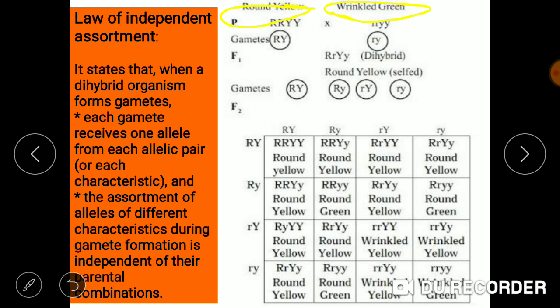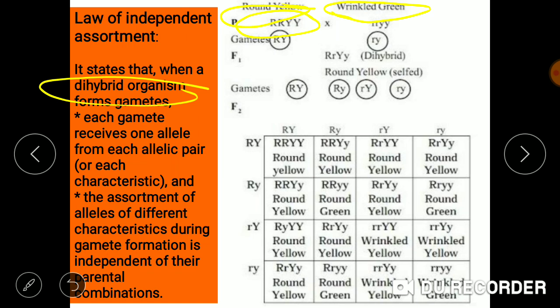So the law of independent assortment states that when a dihybrid organism forms the gametes... Now here are the two parents. One parent is round yellow, another one is wrinkled green.